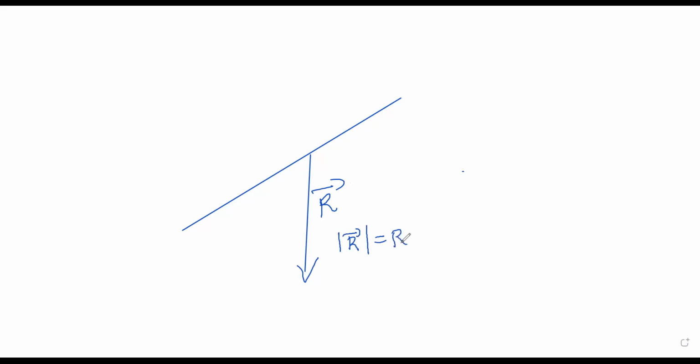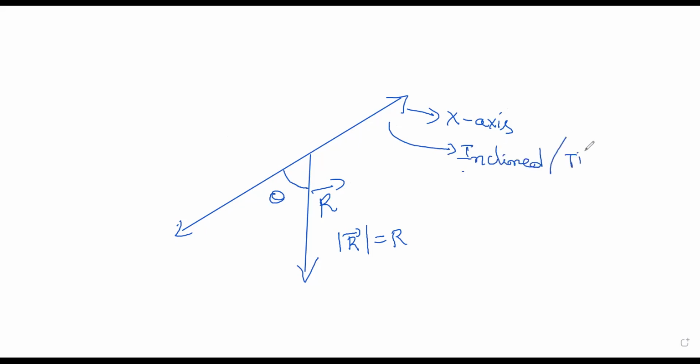Now what they expect here is, you have to consider this tilted line. This tilted line is my x-axis now. And they gave the angle with respect to this tilted line. This is theta. And now you have to resolve the components along the tilted line and perpendicular to the tilted line. So let us say this is called the inclined line, or you can say this is the tilted line.